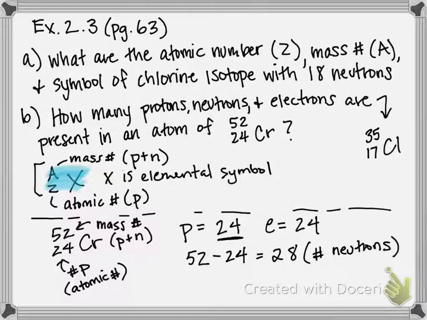So in this second part of the problem, we have 24 protons, 24 electrons, because our atom is neutral, and 28 neutrons. And there you have it. That's isotopic symbols, atomic numbers, and mass numbers.